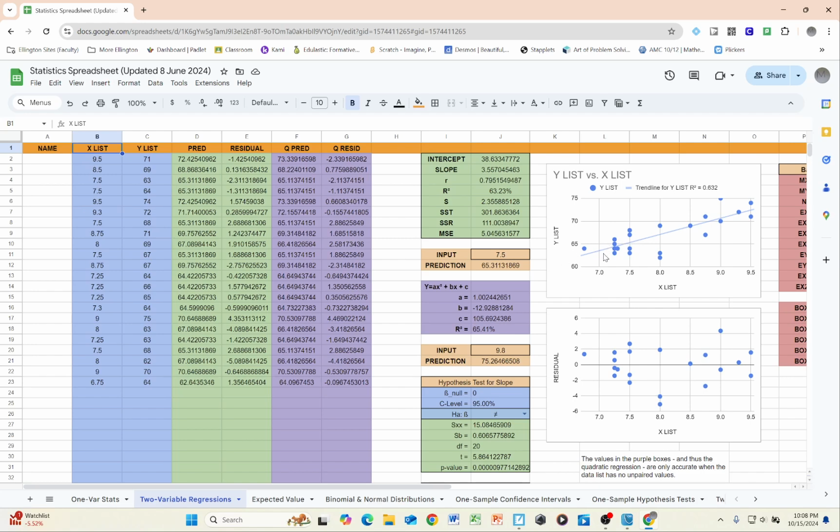So, for example, if we look at three people right here, let me see if I can find this in the chart. It looks like it's at 64, 7.25. So that's this person right here. Let me highlight this one. We'll bold that.